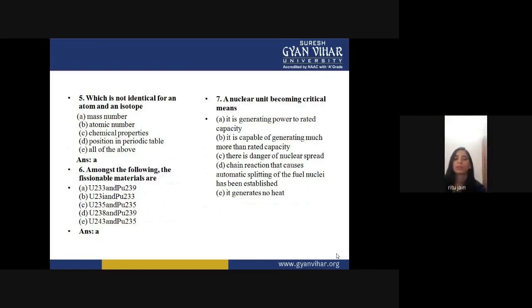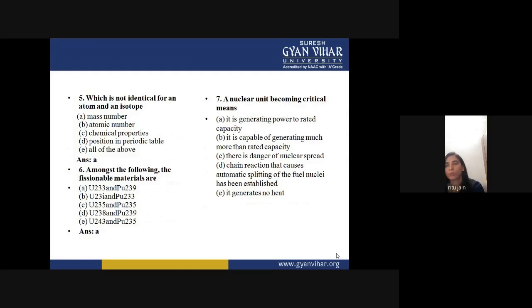Next: a nuclear unit becoming critical means what? Because it is generating power to rated capacity, it is capable of generating much more than rated capacity, there is danger of nuclear spread, a chain reaction that causes atomic splitting of the fuel nuclei has been established, or it generates no heat.